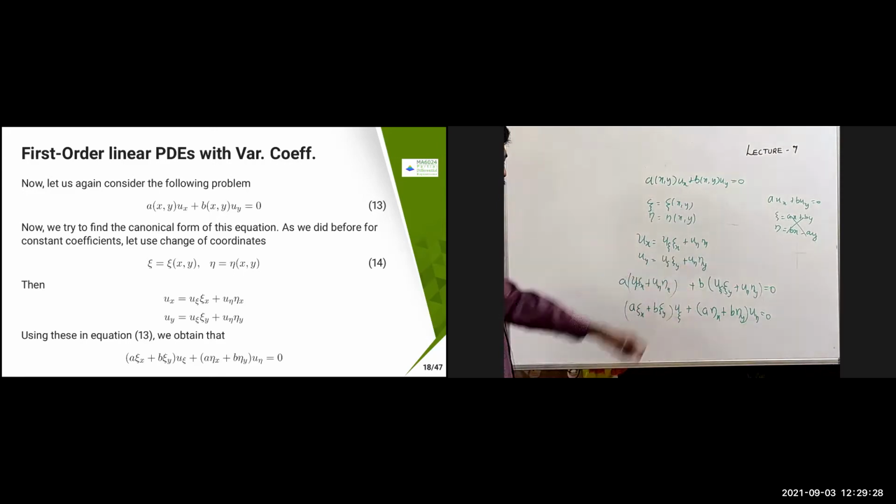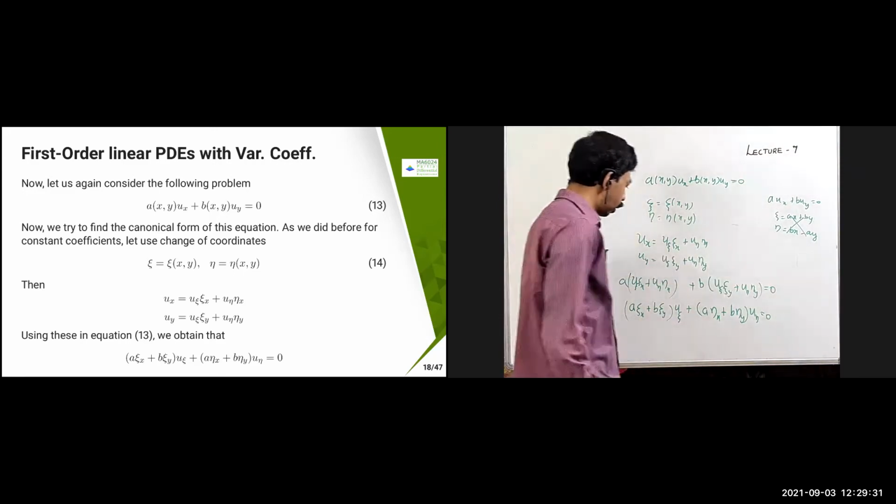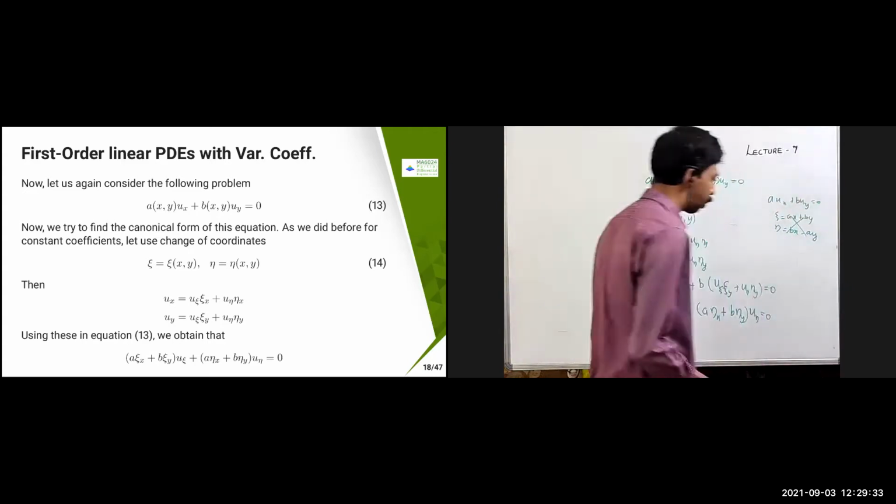So that's what I have written in the last step: a chi x plus b chi y in u chi, plus a eta x plus b eta y in u eta, equal to 0.